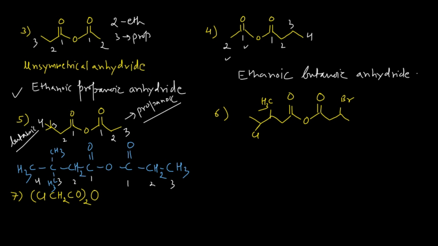Okay, in the alphabetical order B comes first, so you will write the butanoic, but in that butanoic part you can clearly see at carbon number 3 it is substituted with these 2 methyl groups. So how you can write: 3,3-dimethyl and then butanoic.